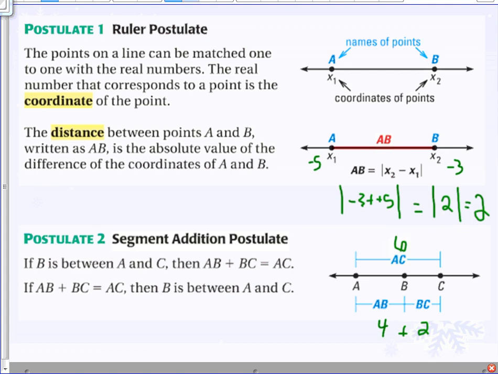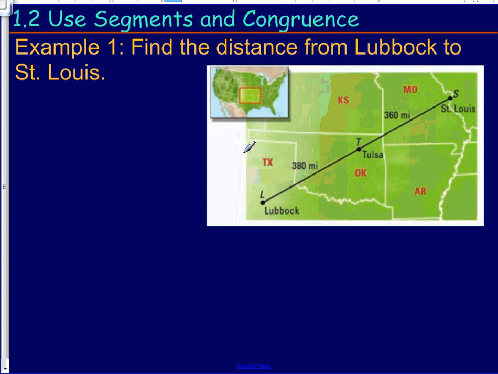It also states that if I was given the length of AB and the entire length of AC, I could find BC by subtracting 6 minus 4 to get 2.